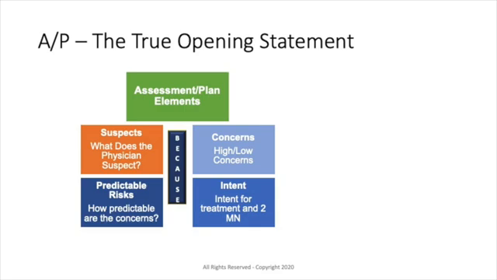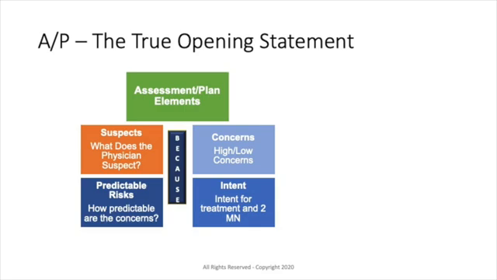If you have high levels of concern for highly predictable risks, those patients tend, keyword tend, to be inpatient. If you have low levels of concern for low predictable risks, then they tend to be observation. And also if you're putting a patient in the hospital for a workup, they also tend to be observation.